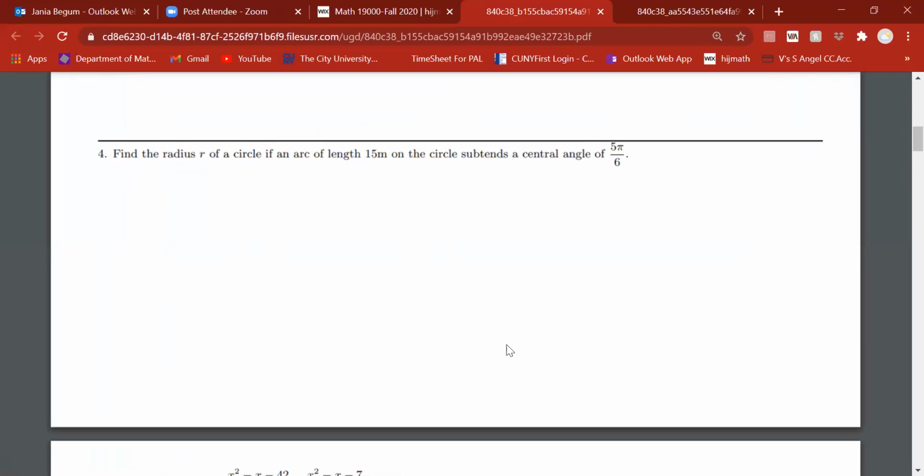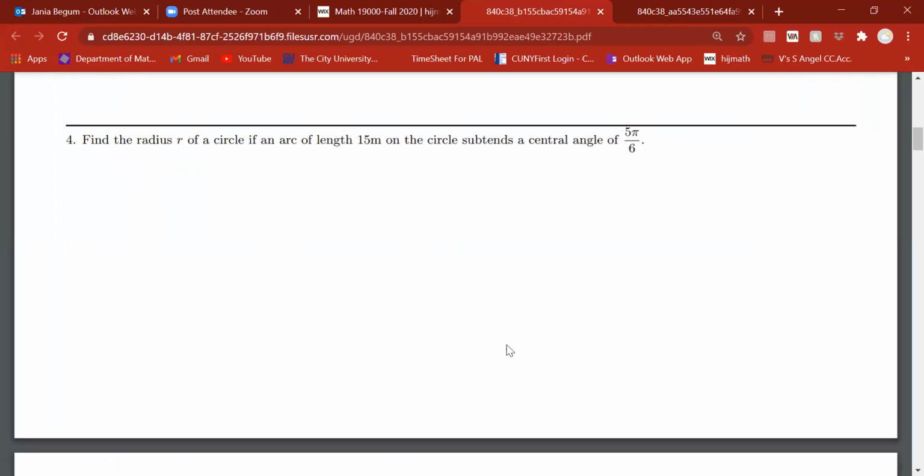Number 4, find the radius of a circle if an arc of length 15 meters on the circle subtends a central angle of 5 pi over 6. Okay, so let me copy that here and then we can work on this.